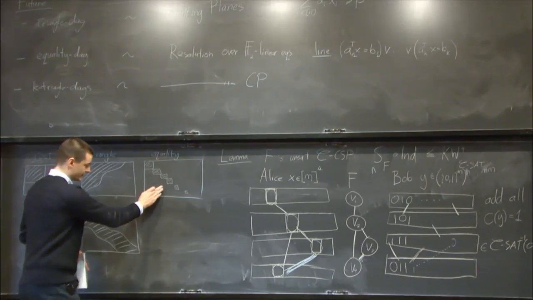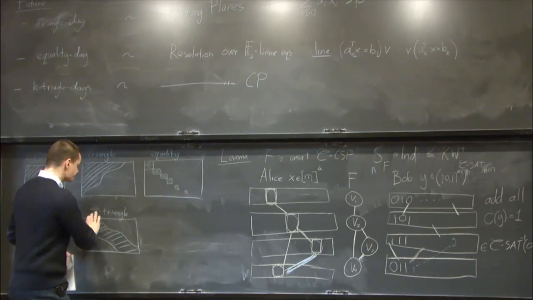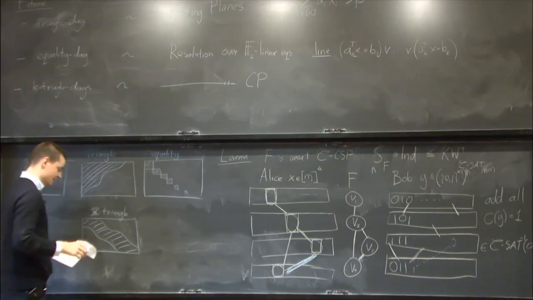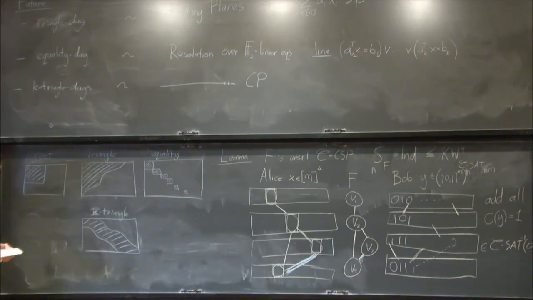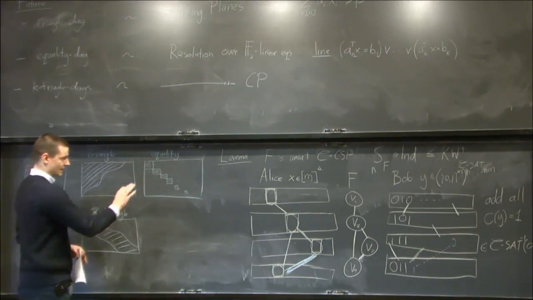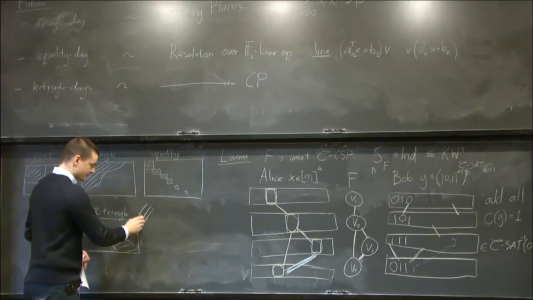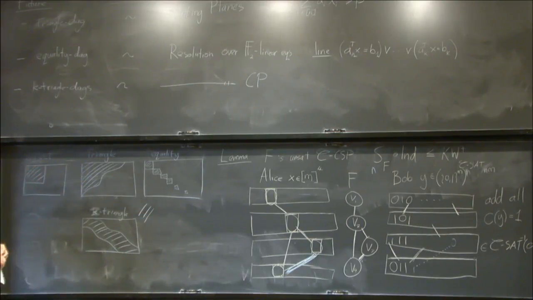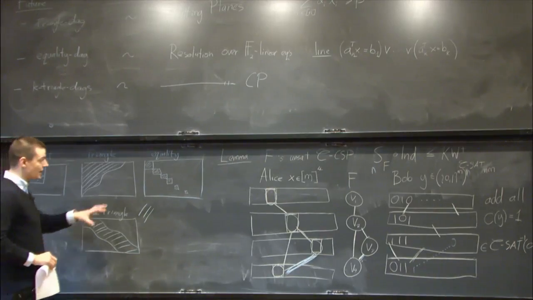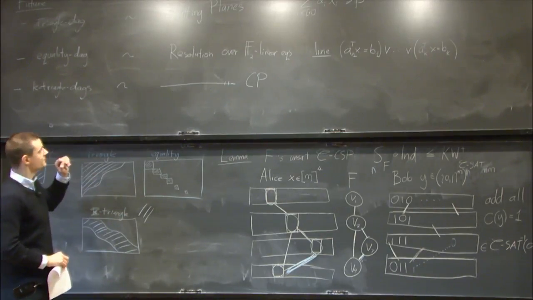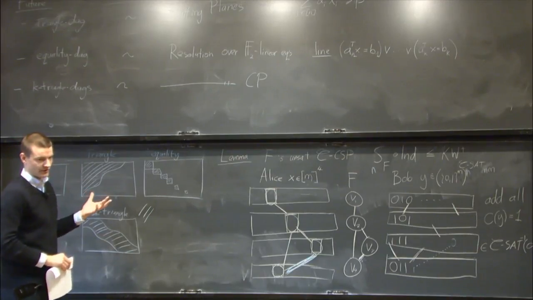I mean, this was trivially a special case, but just a couple of months ago a master's student, I don't know if I can pronounce his name, Folwarczný, observed that equality DAGs can efficiently simulate K-triangle DAGs. So this means that it's a really neat situation. There really is one new model for which we lack lower bounds.